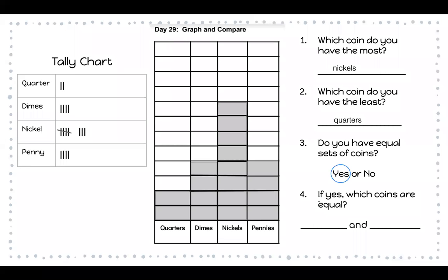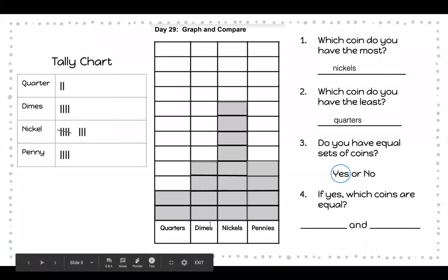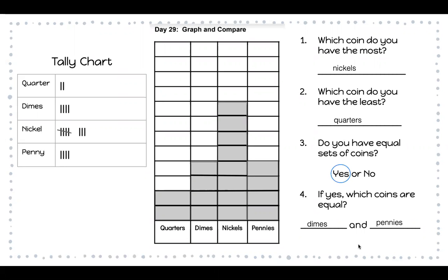Now it says, if yes, which coins are equal? I have the same amount of dimes and the same amount of pennies. So dimes and pennies. This is my example with the amount that I got from my piggy bank. Now it's your turn to collect your coins and fill in your answers based on the data that you collected.